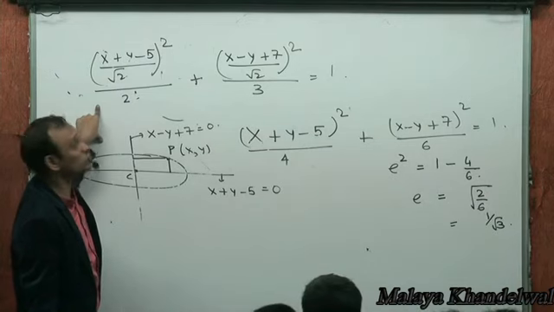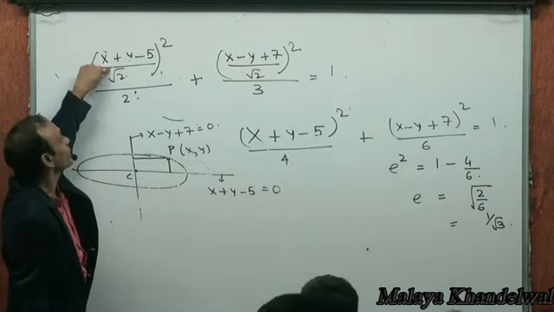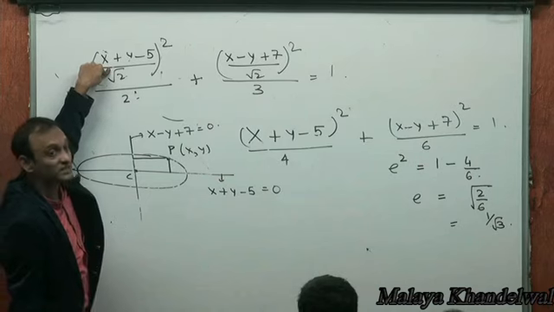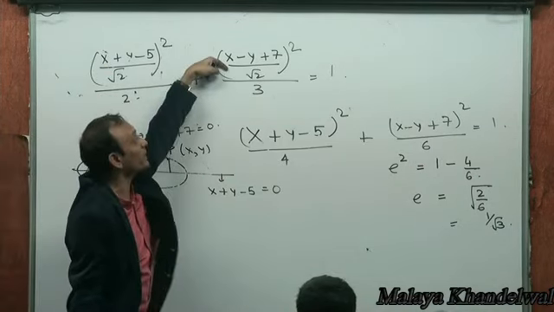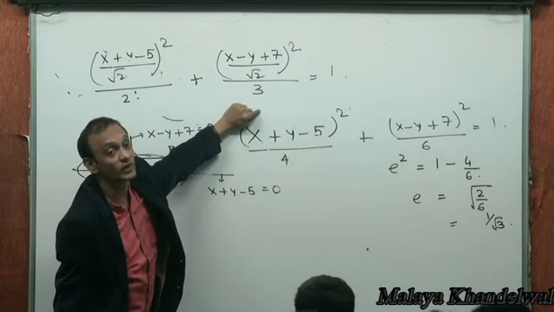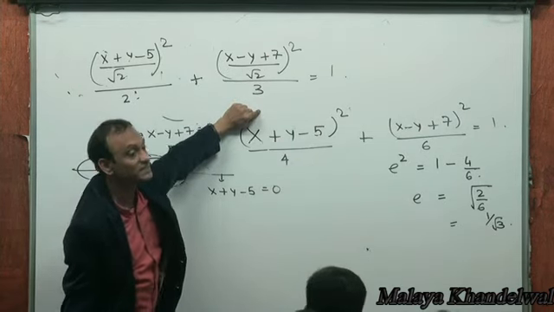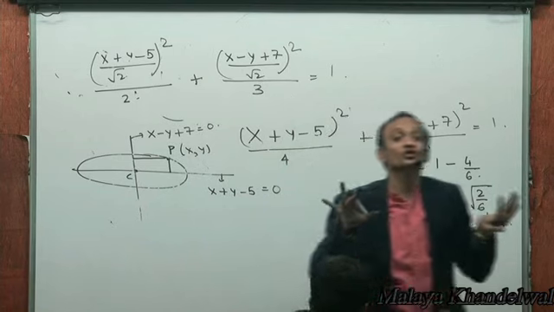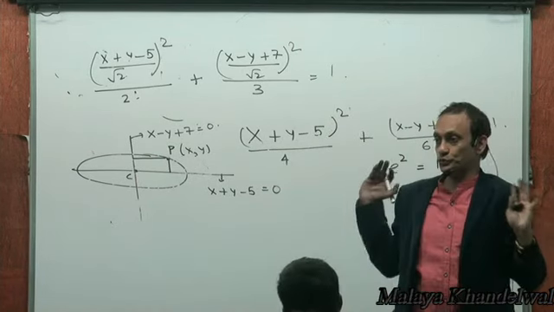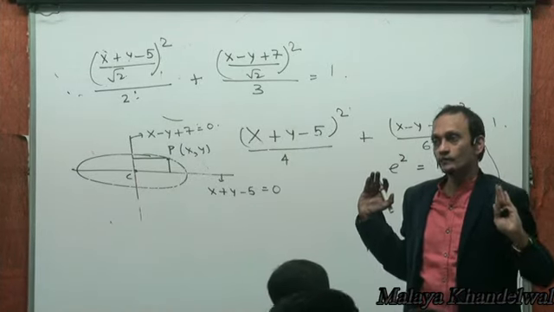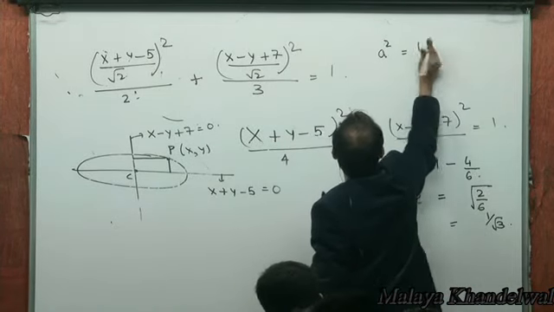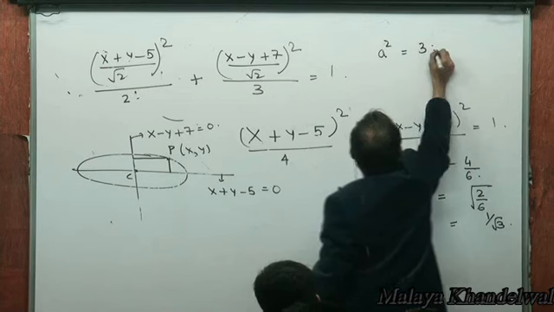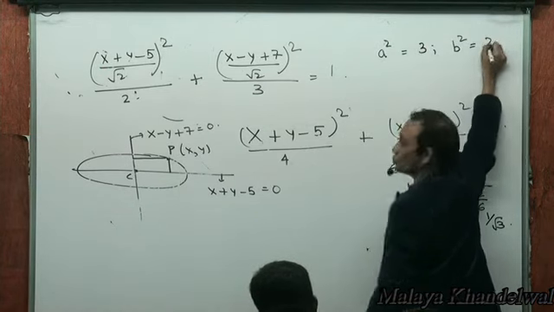Isn't it? Now it's reduced to the square of the distance from the major axis divided by the square of the semi-minor axis, plus the square of the distance from the minor axis divided by the square of the semi-major axis, equal to 1. It's reduced to the form that we are used to. So a² must be 3 and b² must be 2.